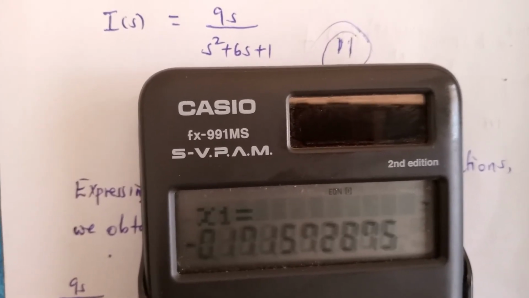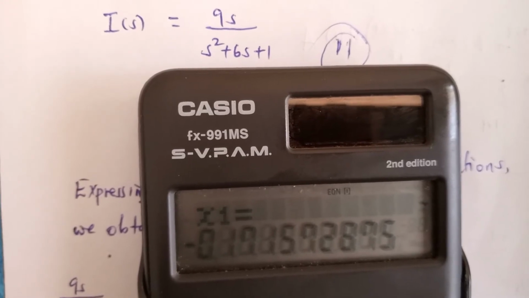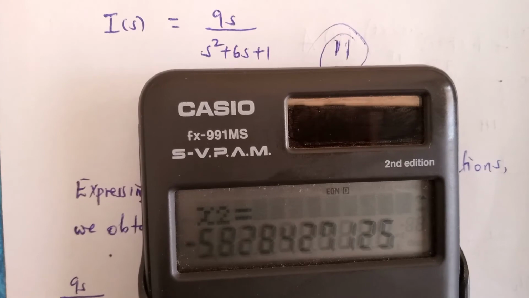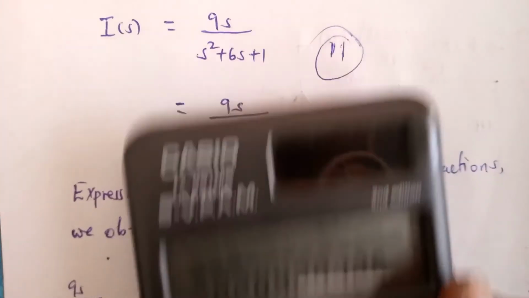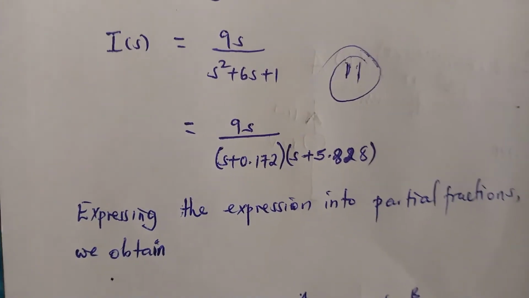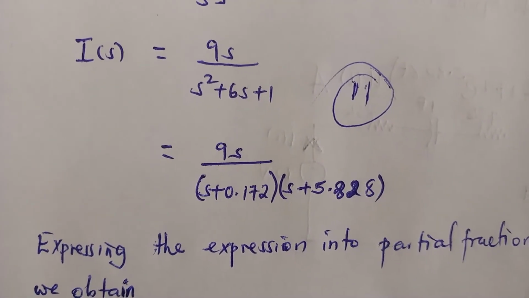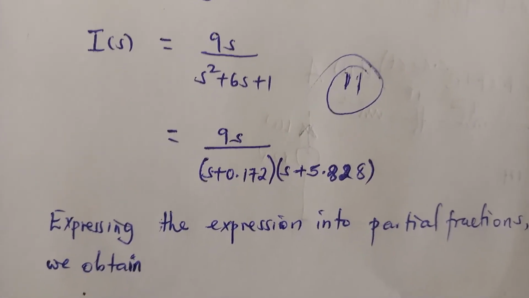When you press equals, it brings negative 0.172 and negative 5.828. So that is how I determine those two brackets. Hope we are together.